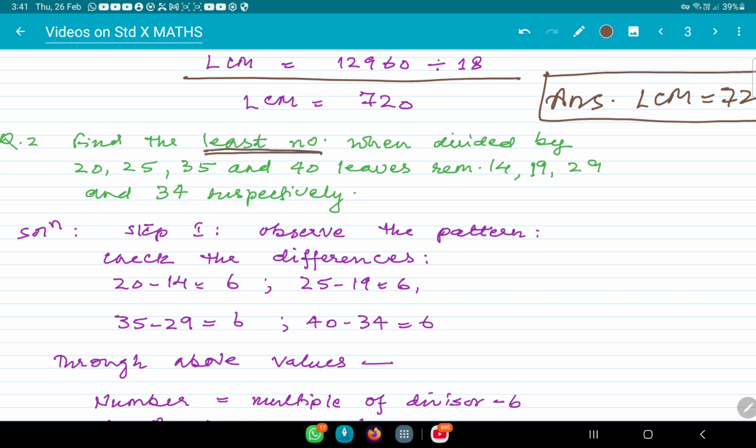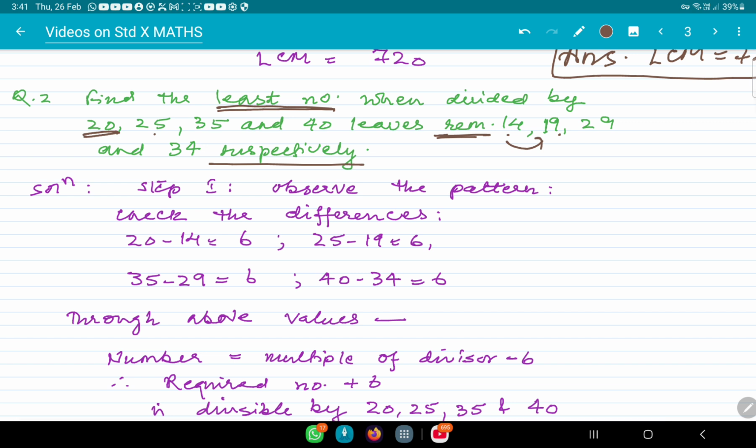This is your keyword. When divided by, it leaves remainder, so these are the remainders respectively, meaning that 20 has remainder 14, 25 has remainder 19, 35 has 29 and 40 has 34.